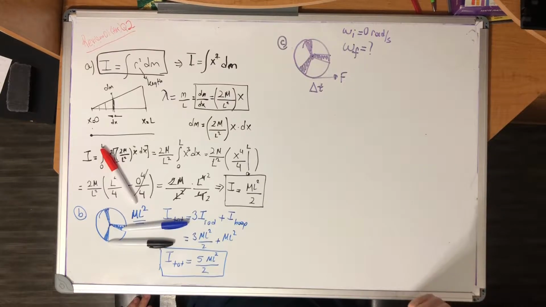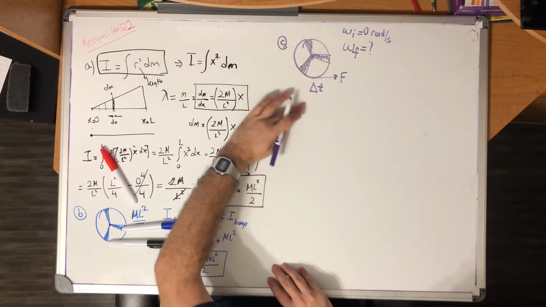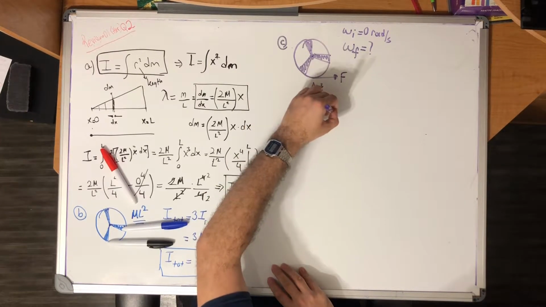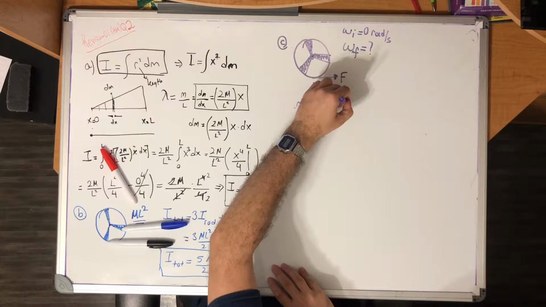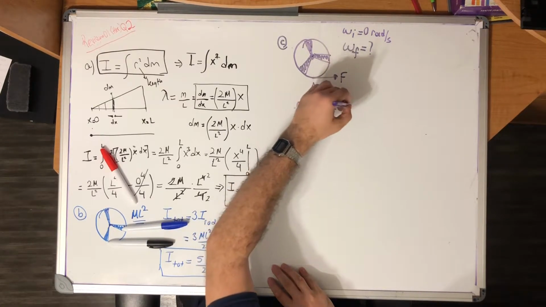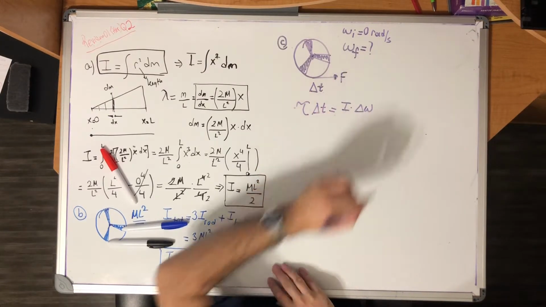You have initial and final omega, you have force, and you have time. So you should think about the rotational version of impulse. And if you think about it, it was torque times delta t equals change in angular momentum, and that's basically I times change in omega.